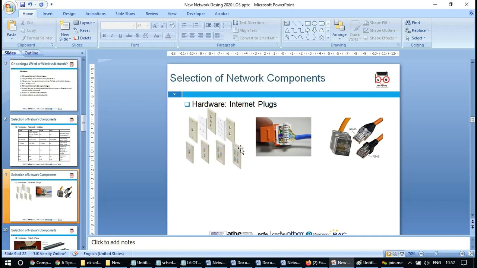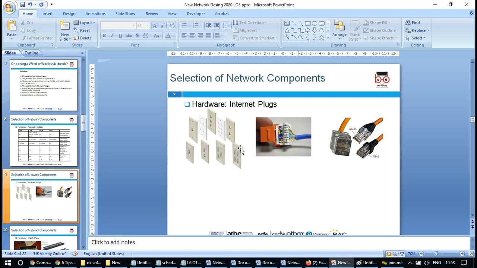The RJ45 connectors normally come factory fitted, and the cabling of those connectors and the cable itself can also be done at our own choice and size, isn't it?